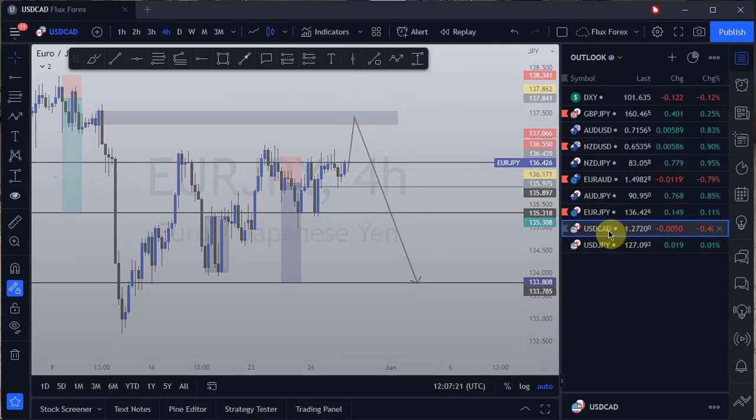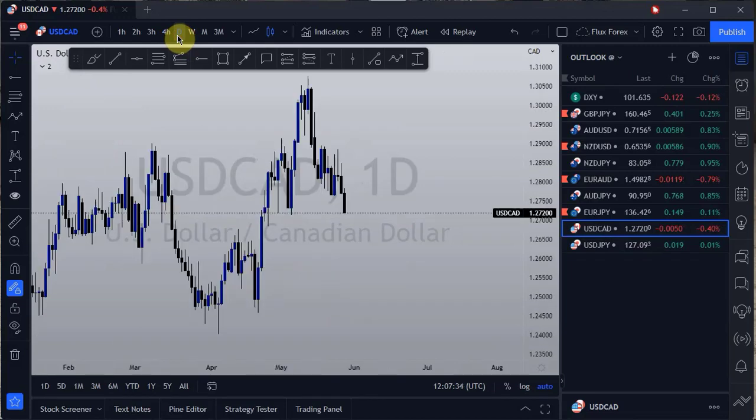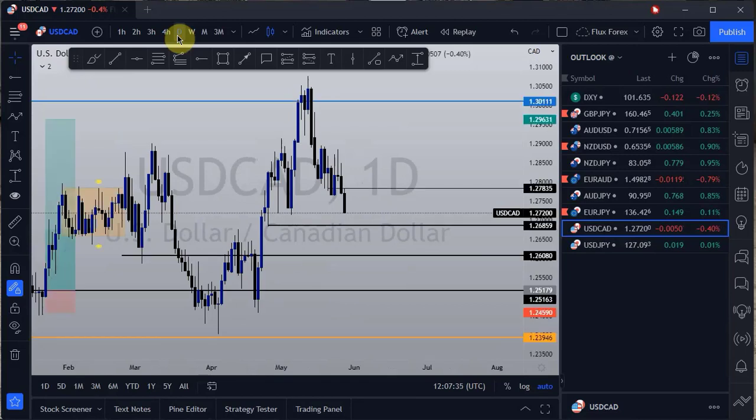Let's look at what is happening on USDCAD. For USDCAD, price is still in a bearish environment. So what we have to do is to wait for a retracement. All right, this low has been broken.